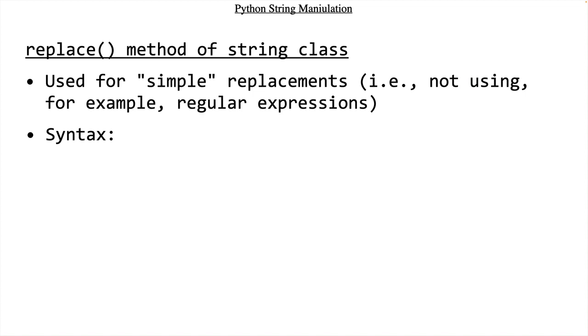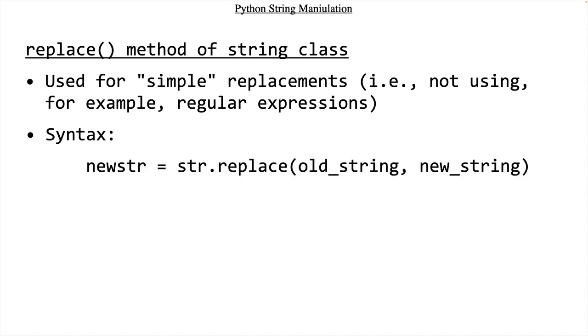So the way we do this is we have a string str, and like I said, replace is a method that is part of the string class. So we say string.replace, and then we give it an old string and a new string. In some languages, or some people might refer to that as a search string and a replacement string.